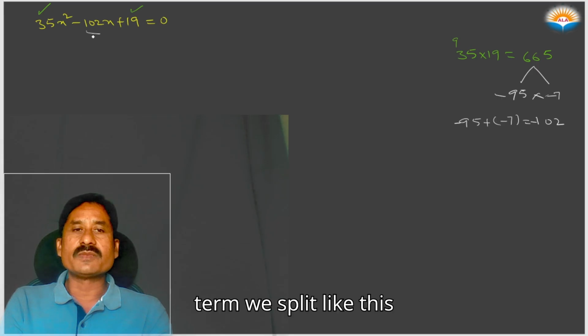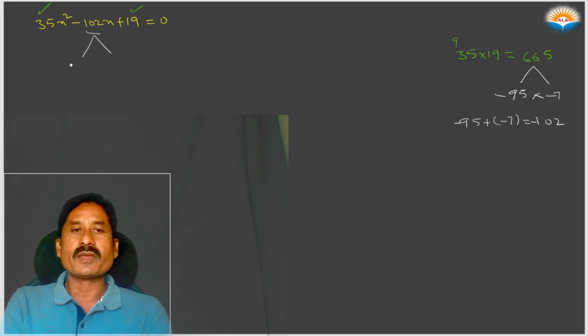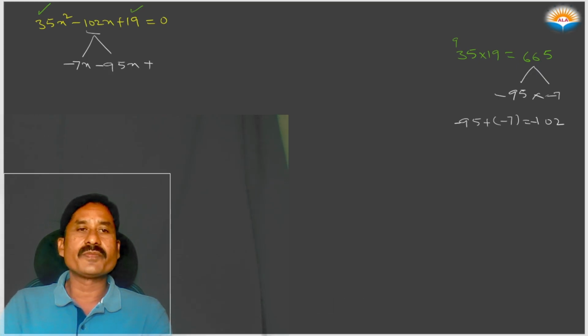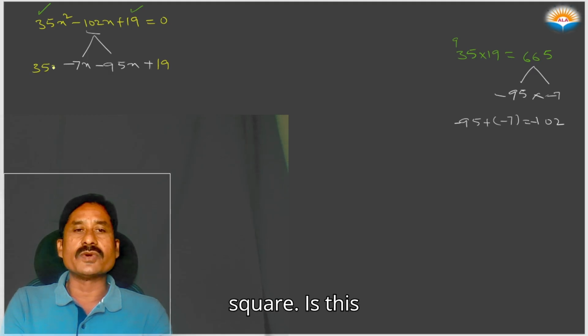So this term we split like this: minus 7x minus 95x. Here is a plus 19. Here 35 x square, this is equal to 0.